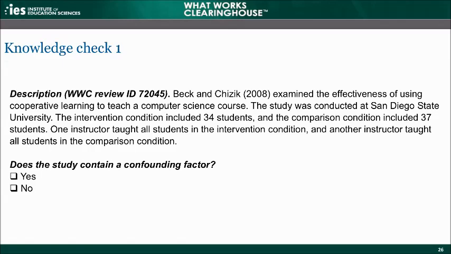I think it's important to note that the confound assessment framework that we provided you is just that. It is a framework to organize your thinking, because identifying confounds is not necessarily a straightforward practice. For each knowledge check, we will read a summary description from a study actually reviewed using WWC evidence standards.